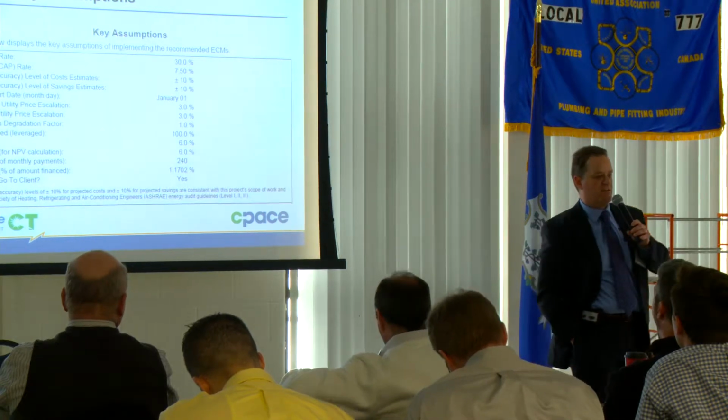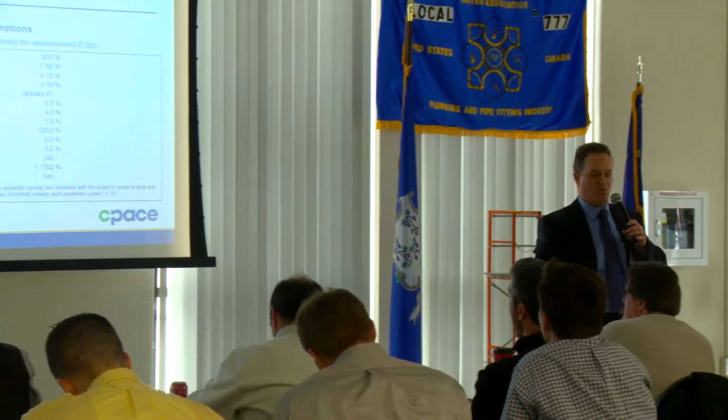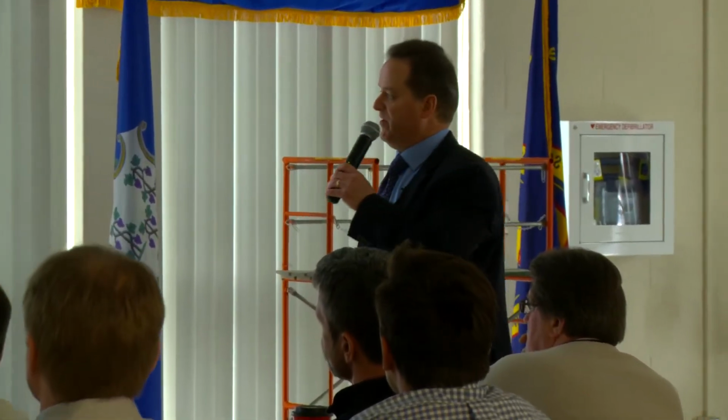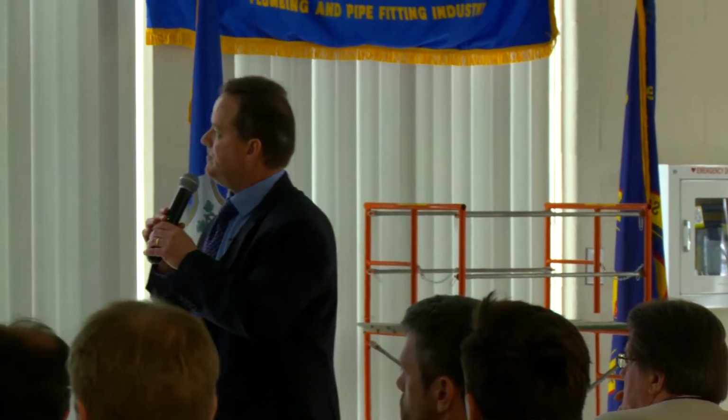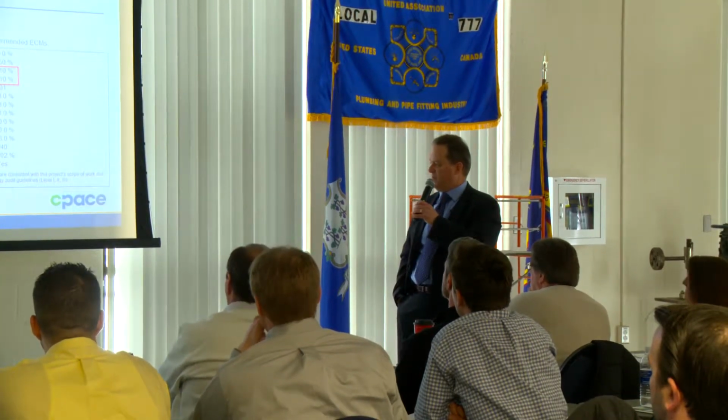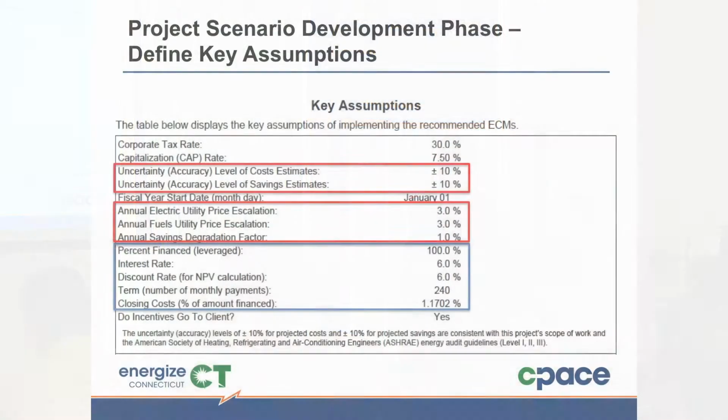And so everything is transparent as it relates to all these key financial assumptions going back to your building owner and the capital provider. So I think those closing costs are included in the program. Yes, those closing costs are, and the interest rate differs based on term. That's in the program guideline as well.